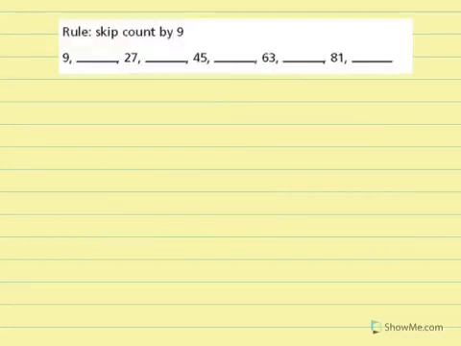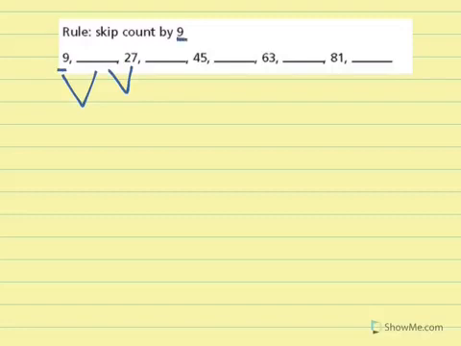Okay, we're going to use what we learned to skip count by 9. So here I've started with 9. I'm going to think, what do I need to do to go from 9 to here? Well, here's a hint. I have to go from this number to 27.